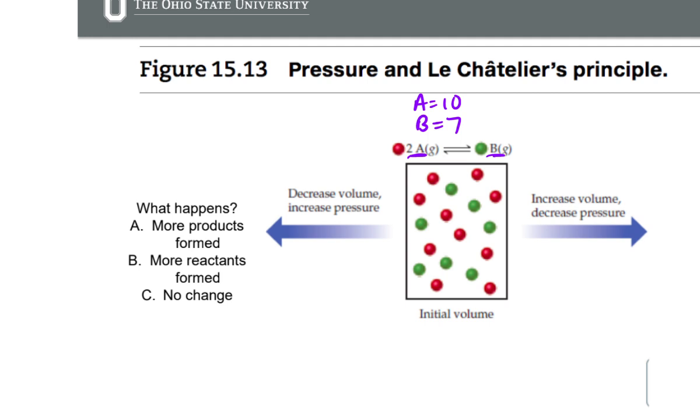Getting more products formed? Okay. I didn't tell you the key here on how to figure this out. But essentially what happens is that when we increase the pressure, the side with the fewer moles of gas is favored.